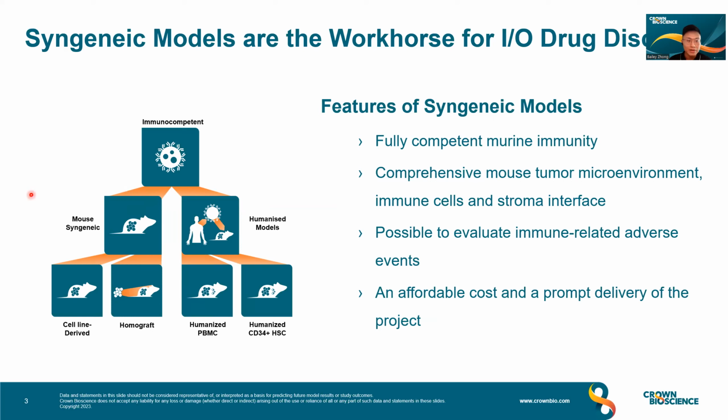On the other hand, mouse-based model has a natural, fully functional immune system. The tumor part can be syngeneic cell line or syngeneic homograft-derived models. Due to a comprehensive mouse tumor microenvironment, immune cells, and the stroma interface, this model can show how the tumor microenvironment affects the immune response and how the immune memory develops.